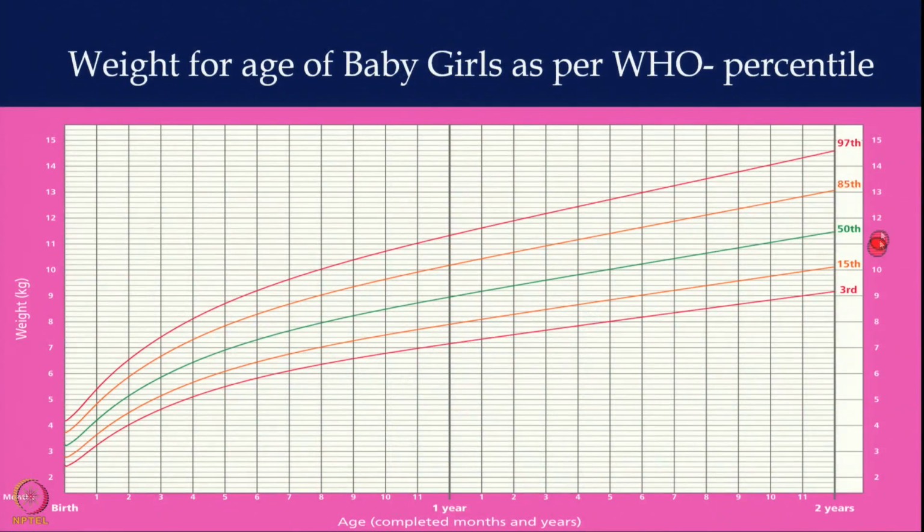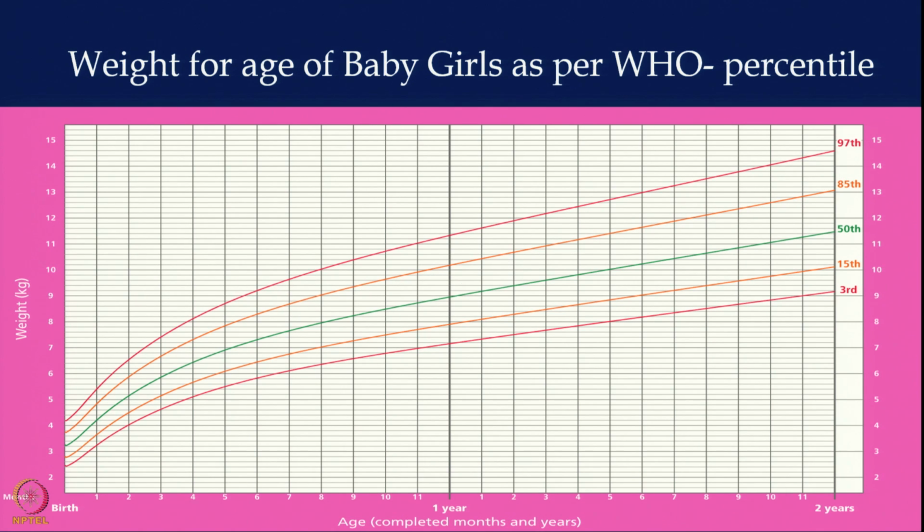Okay. So, here again I am going to come back to the growth chart. So, 50% of the children, that is your average children, basically grow along this green line. So, average children, 50% of our children should be growing at this rate. Okay. 85th percentile means about 15% of children would be growing at this rate.